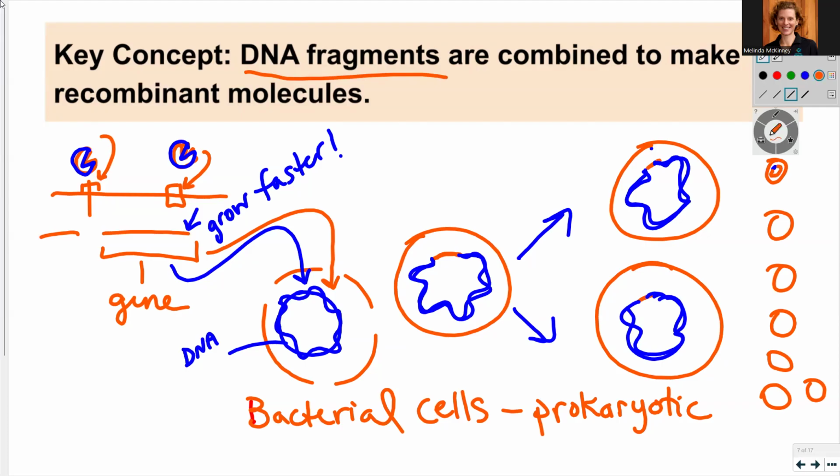So all of these cells have it, right? And you can take that and use it to then later add it into a plant cell. You can put these bacterial cells next to plant cells. There's different mechanisms you can use for that.